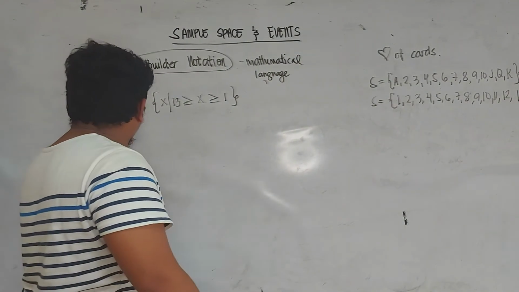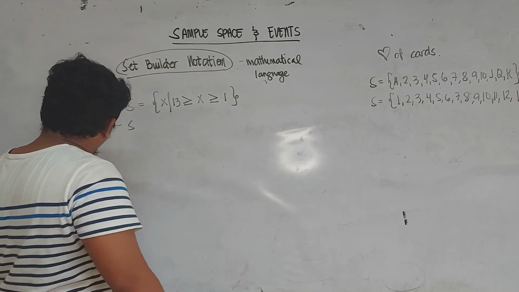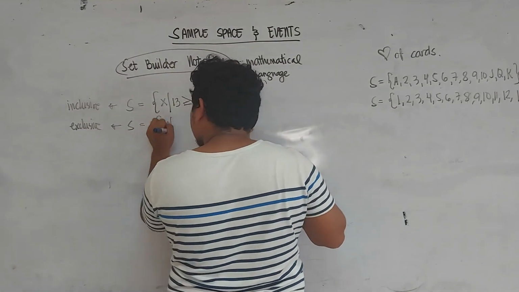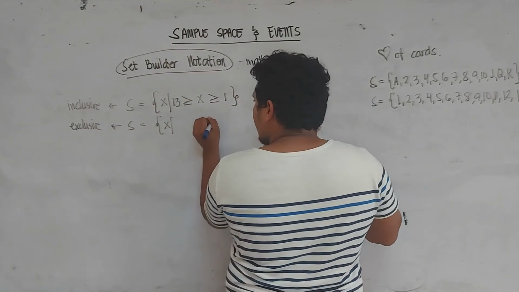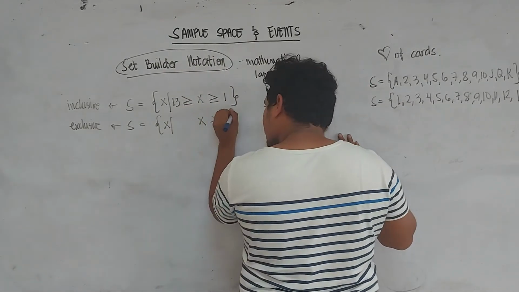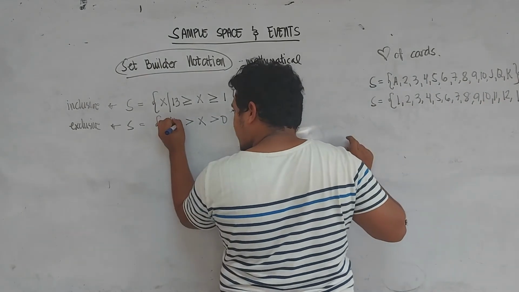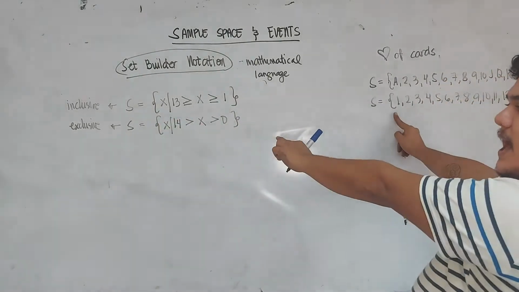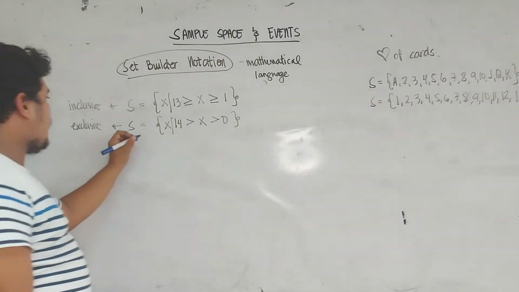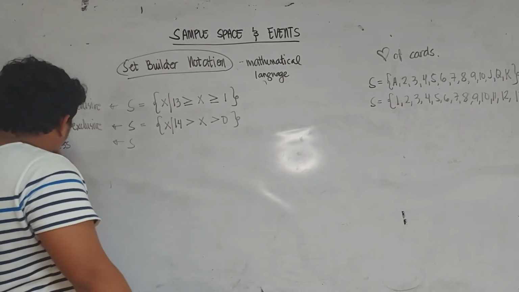Kung exclusive, walay labot ang kinaunhan o ang kataposan. You could say X such that X is greater than 0, kasi before sa 1, wala. But it's less than 14, kung sunod sa 13. Labot si 0 dili, labot si 14 dili. Exclusive.